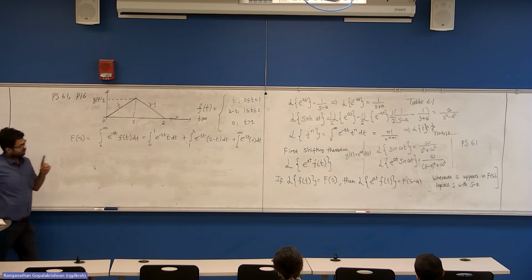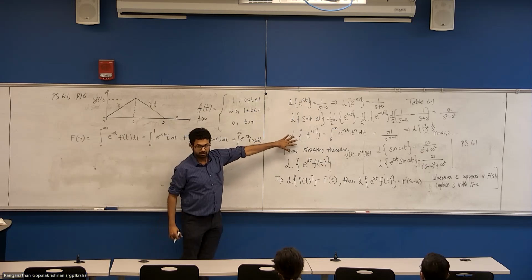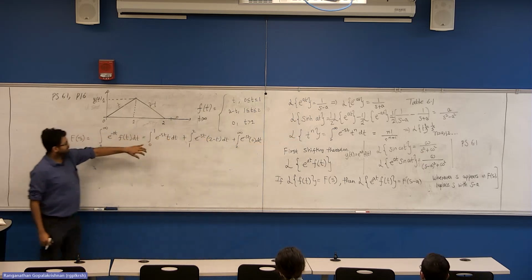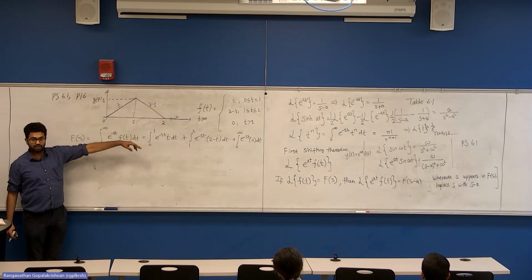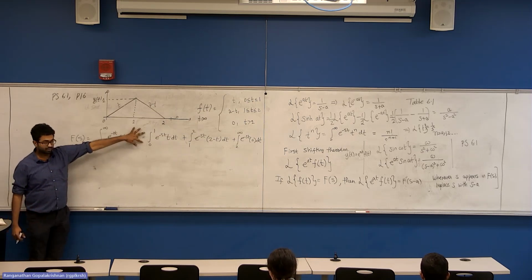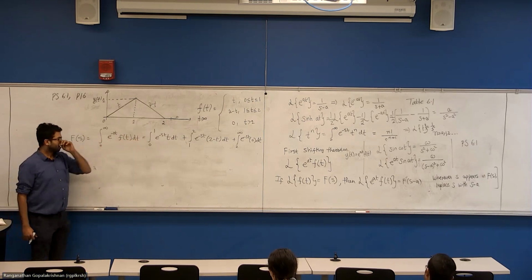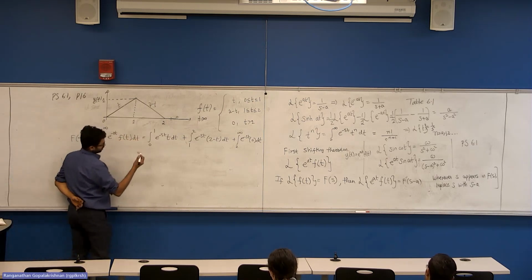That's a catch. This result is valid for 0 to infinity. So this integration is not from 0 to infinity, it's for a finite interval. So you'll have to use it carefully. Okay, so which you can do by parts.